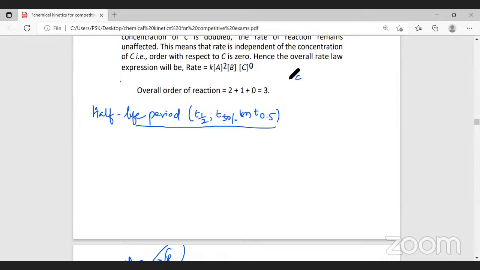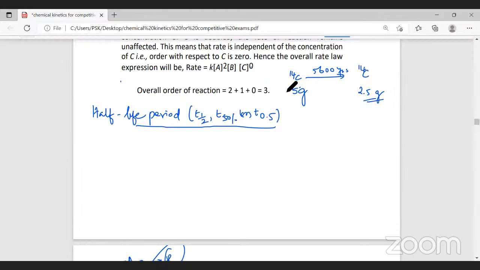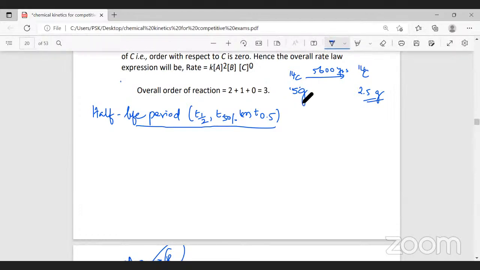Now, I'll take 5 grams of carbon 14. After 5,600 years, if you measure the amount of carbon 14 present, it is 2.5 grams. Initially, carbon 14 is taken how many grams? 5 grams. So after 5,600 years, the amount of carbon 14 is around 2.5 grams.